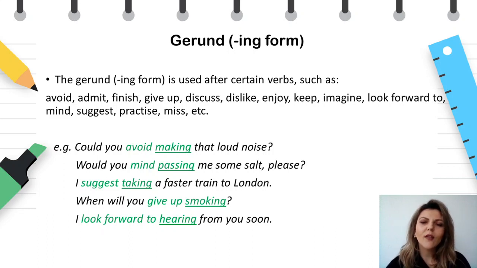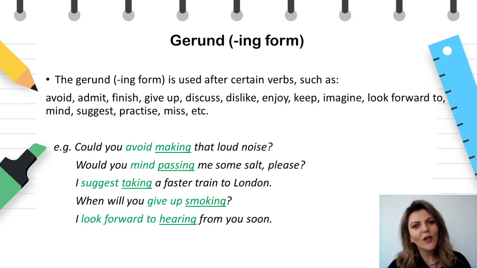Let's see how they look when they are used in a sentence. For example, could you avoid making that noise? Would you mind passing me some salt, please? I suggest taking a faster train to London. When will you give up smoking?